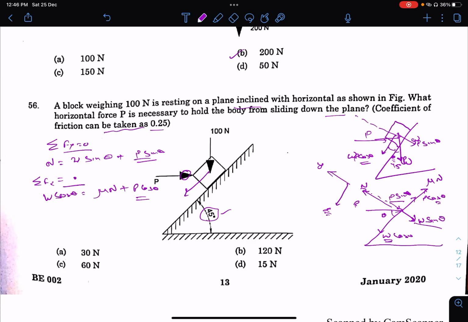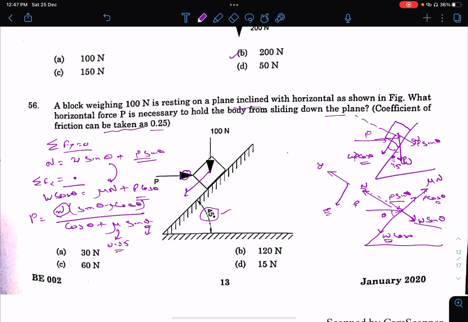If I put N in this equation and simplify, P is equal to W into sin theta minus mu cos theta upon cos theta plus mu sin theta. So theta you put 45 degree, mu you have been given 0.25, W you have been given 100 Newton. If you find out, P will be 60 Newton.